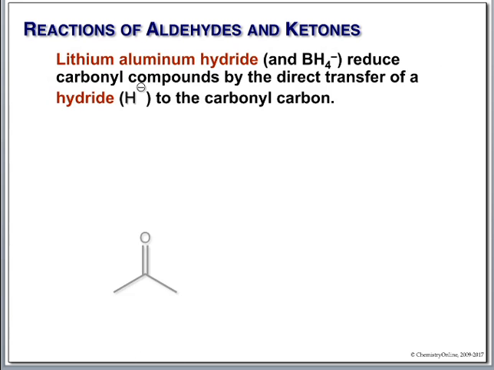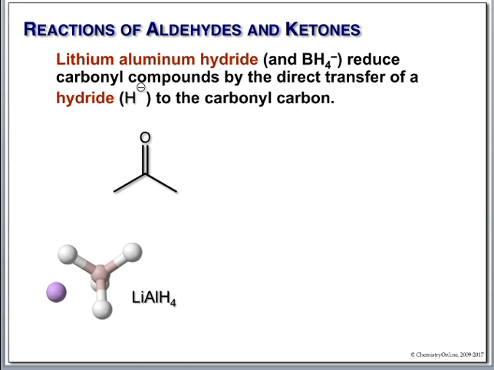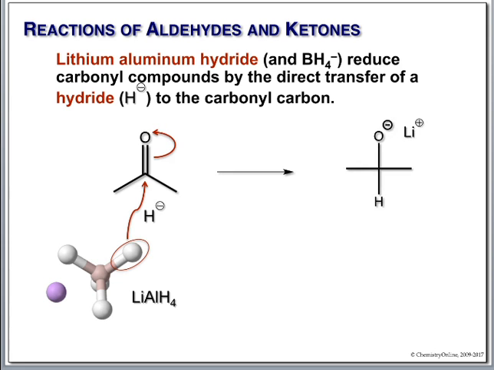All right, let's review quickly what we said about carbonyl compounds in chapter 17. Recall that carbonyl compounds react with lithium aluminum hydride. Lithium aluminum hydride donates an H minus. It goes to the carbonyl carbon.